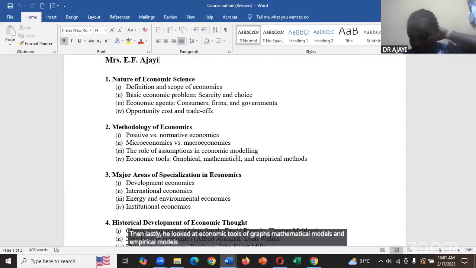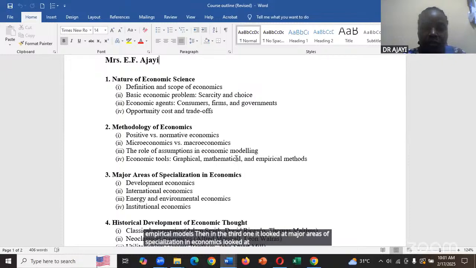Then in the third one, he looked at major areas of specialization in economics. We looked at development economics, international economics, energy and environmental economics. Then lastly, he looked at institutional economics.